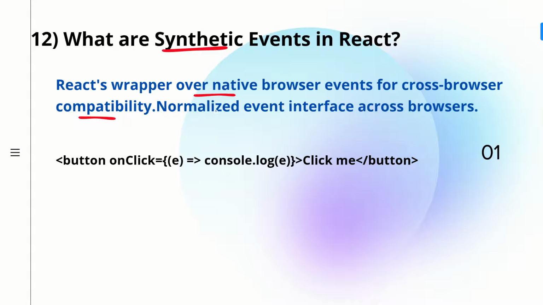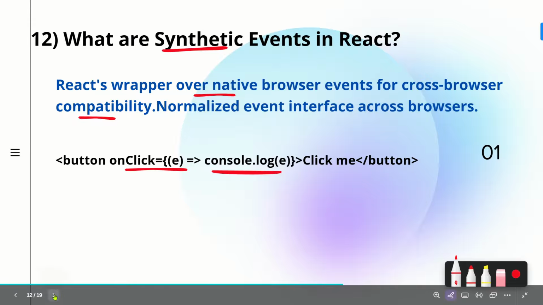There should be cross browser compatibility. That is why React provides the wrapper on all the native browser events. That is called a synthetic event, a normalized event interface across the browsers. We use it on a daily basis, but we don't think of it as a synthetic event. It is a theoretical concept, but you should know it for the interview. The onClick events you see are synthetic events.